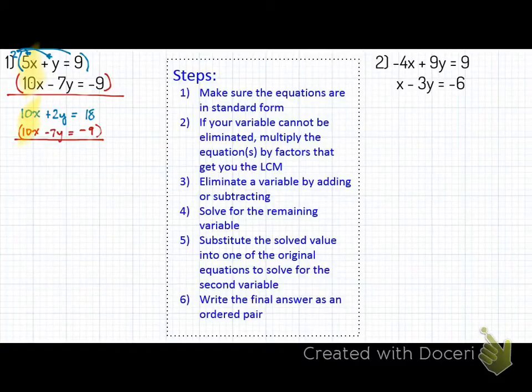Well, 10x minus 10x cancels out, so I'm going to put a minus sign out here, right? So 10x minus 10x cancels out. It's 0x, right? And then we got 2y minus -7y. Well, 2 minus -7, it's like I'm adding 7, so it's going to be +9y.